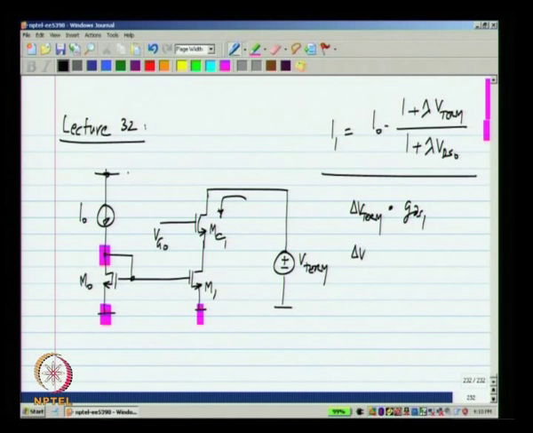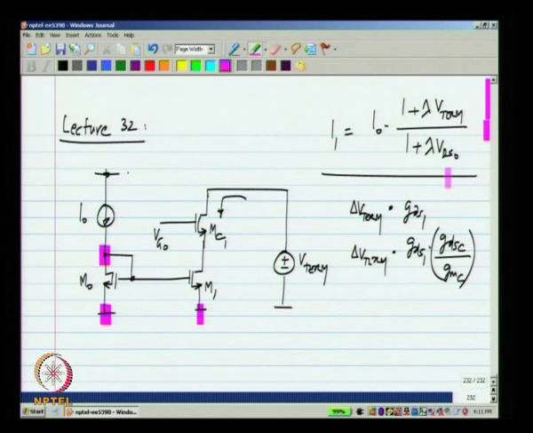Now, I will get delta V term divided by the output resistance of the combination, and if I write it in terms of gds1, it will be gds1 times gdsC divided by gmC. Now, this gdsC by gmC is a number that is much smaller than 1. So, the change in current due to a change in output voltage is much smaller than before.